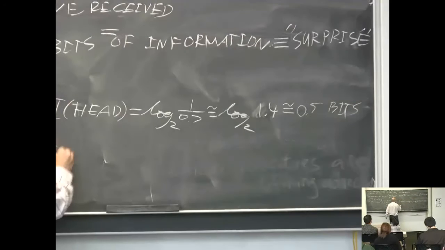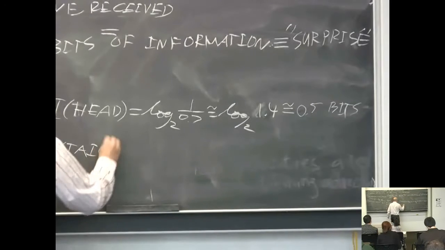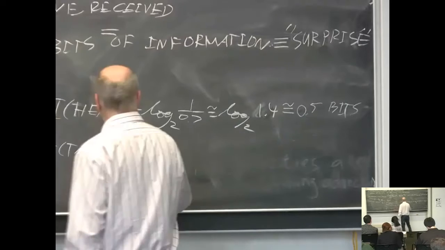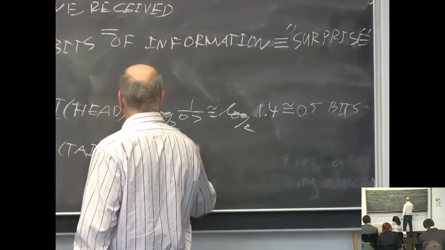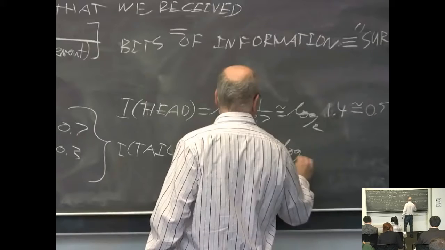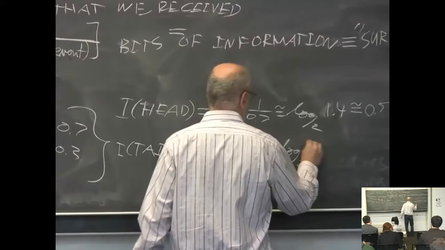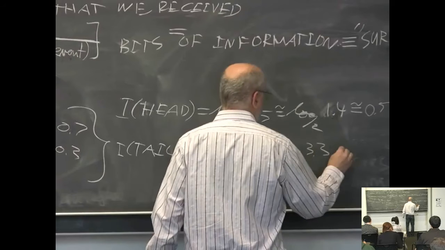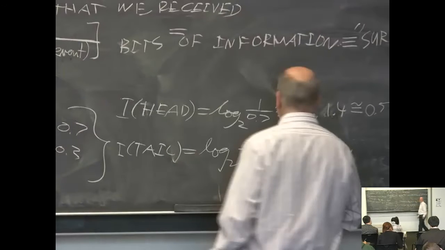What about the information if the coin landed on tail? Log base 2 of 1 over 0.3 is about log base 2 of 3.3, which is about how much?